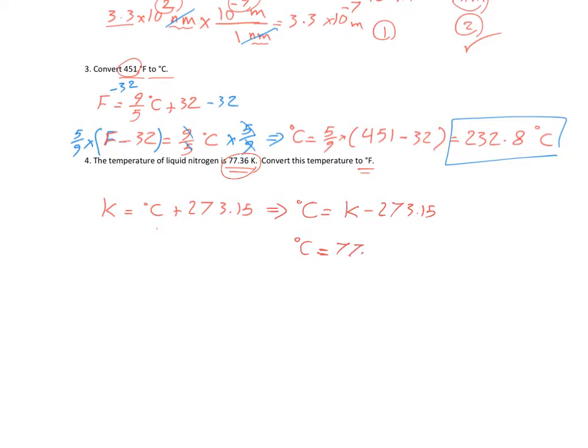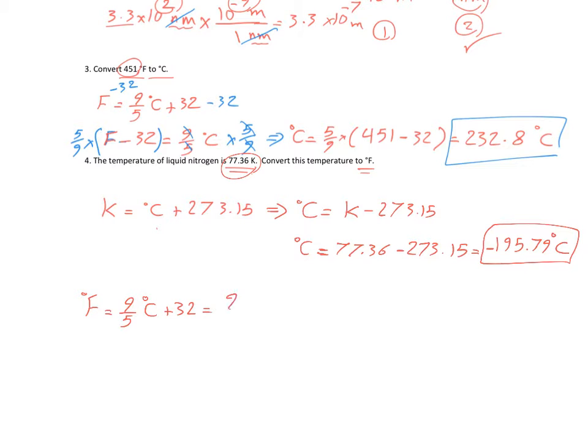Now we have our temperature in Kelvin. It's 77.36 minus 273.15, and that's negative 195.79 degrees Celsius. And we know Fahrenheit is 9 over 5 degrees Celsius plus 32.